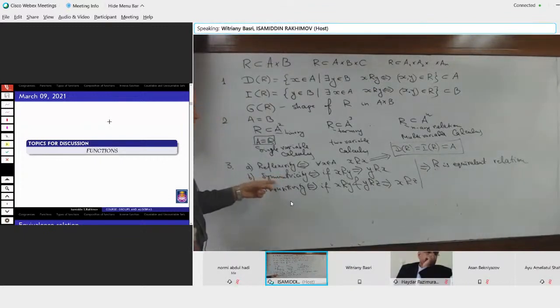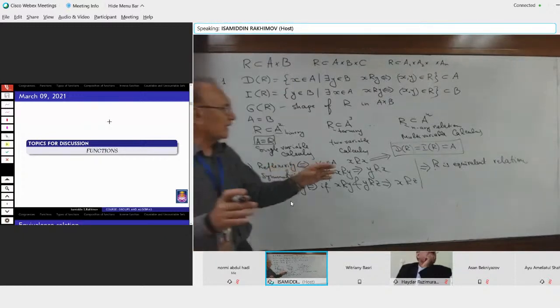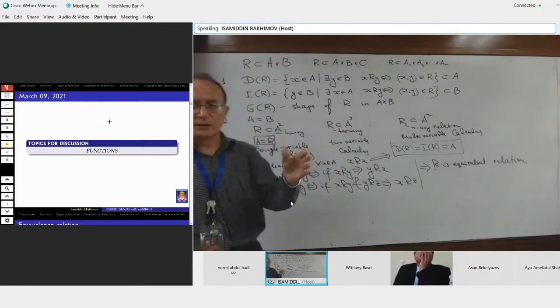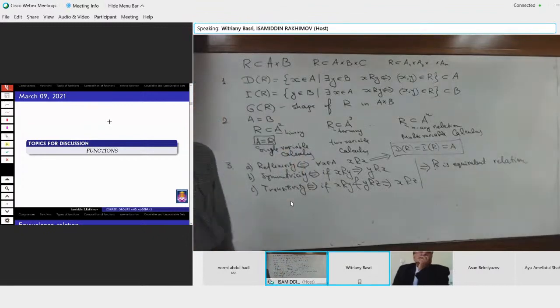The symmetricity we already discussed last time. Symmetricity means the shape of the graph is symmetric with respect to the diagonal.